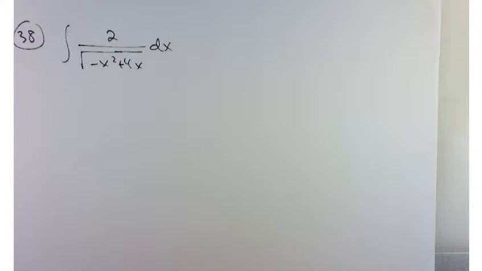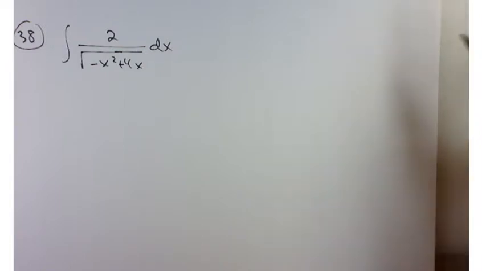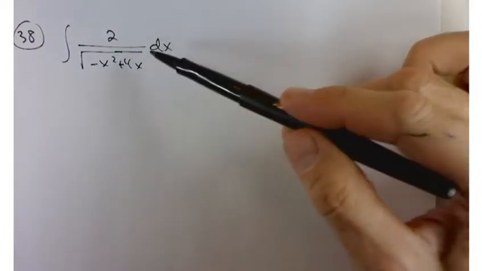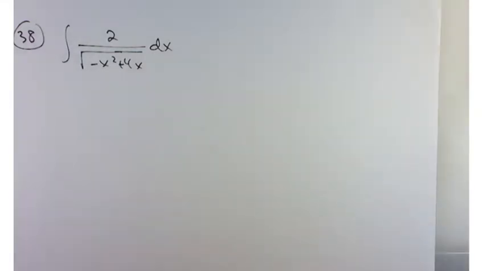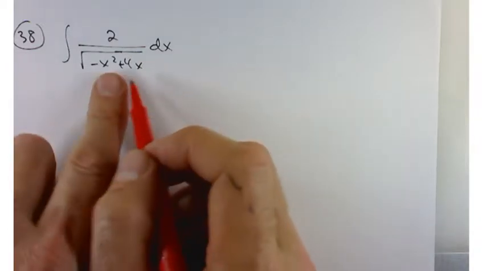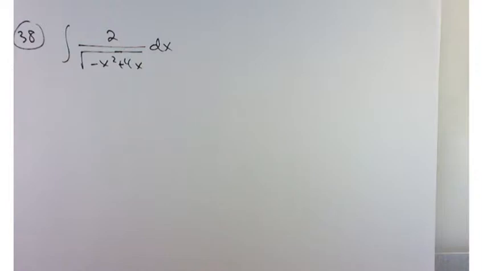Does this one look like it's going to be an arctan? Yes or no? Arctan, what do you think? No, why not? What big impediment to the arctan are you going to run into? The square root. All right, so we might start shaping this into something else, like an arc sine. Now, to shape this into an arc sine, we've got to have it in the form of a squared minus u squared.